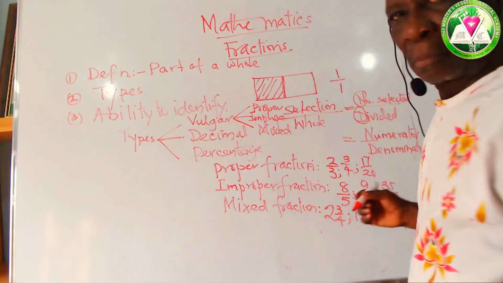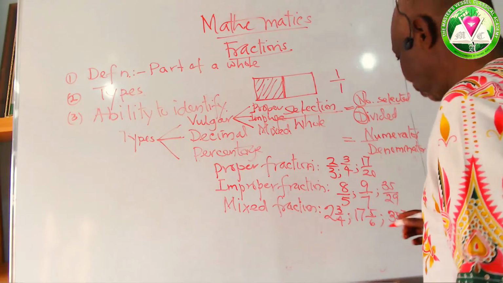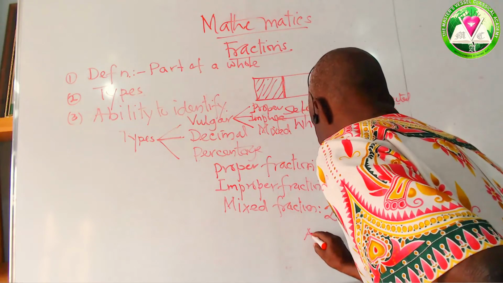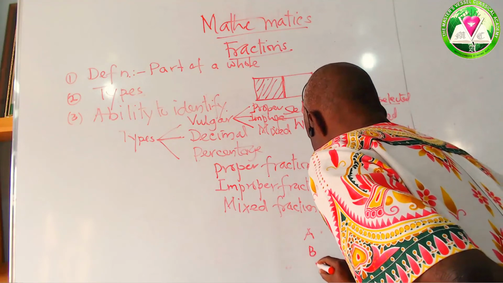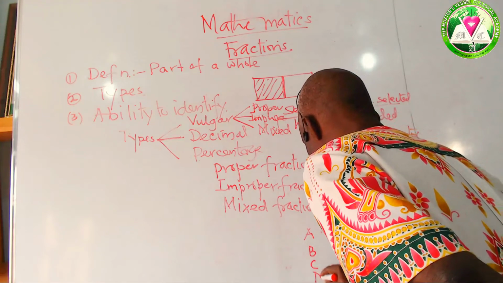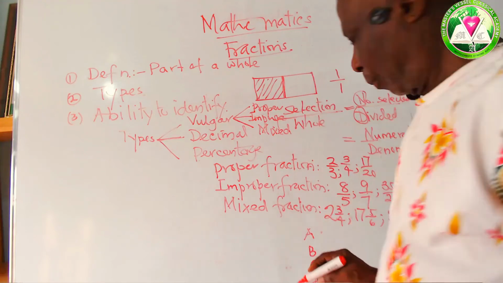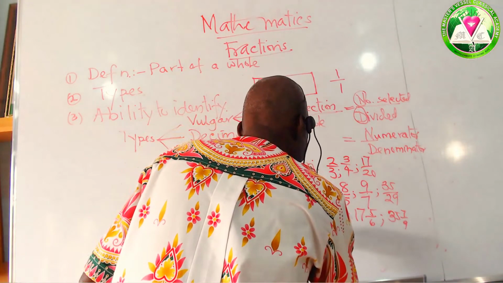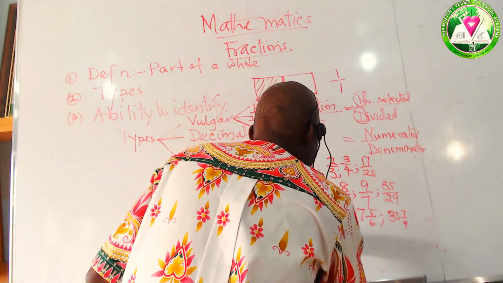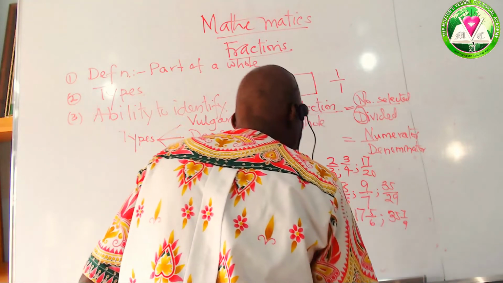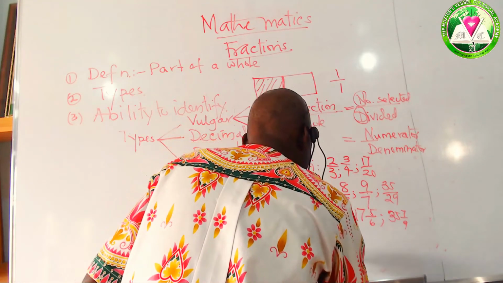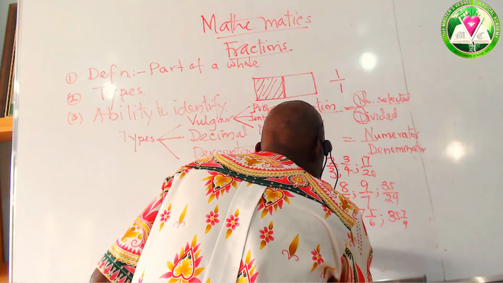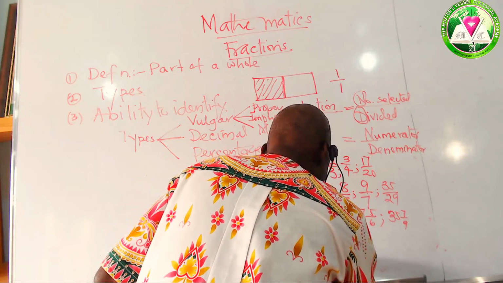We have A, B, C, and D. In A, we have 19 over 23. In B, we have 23 over 19.